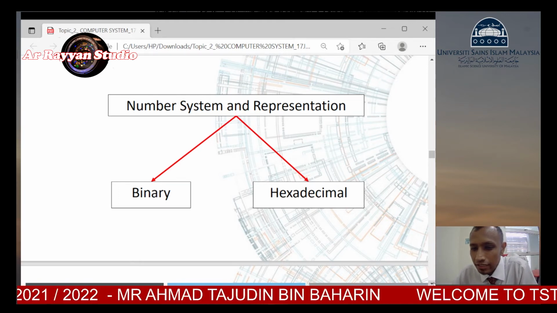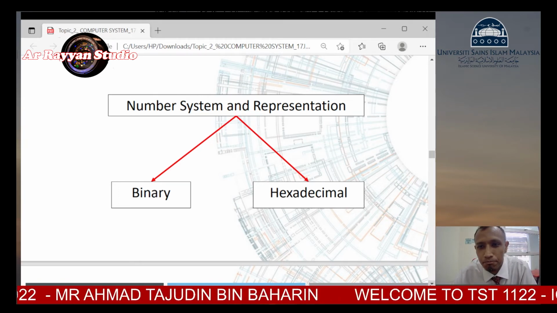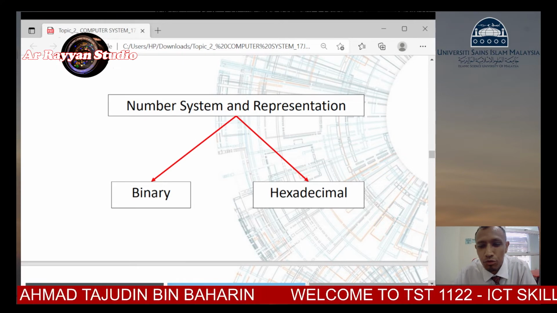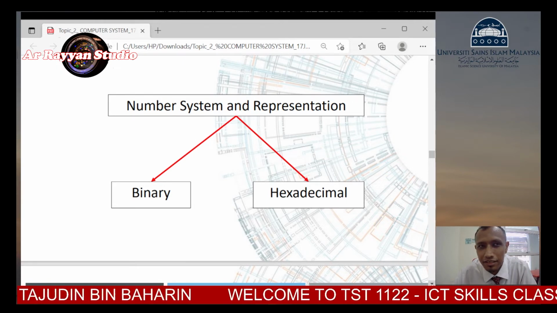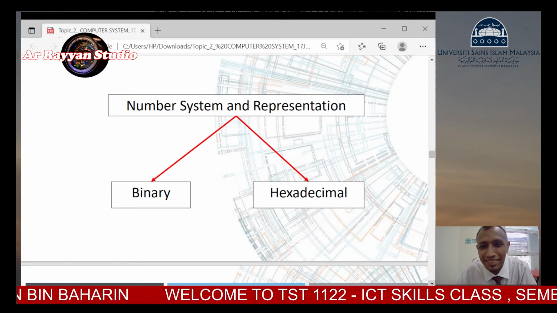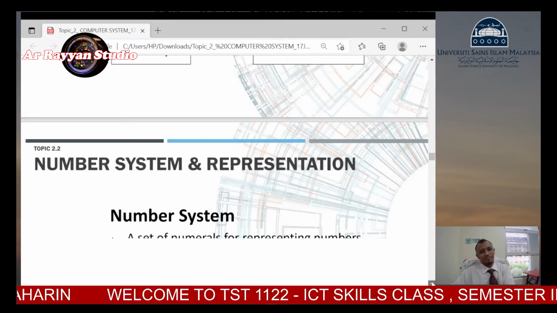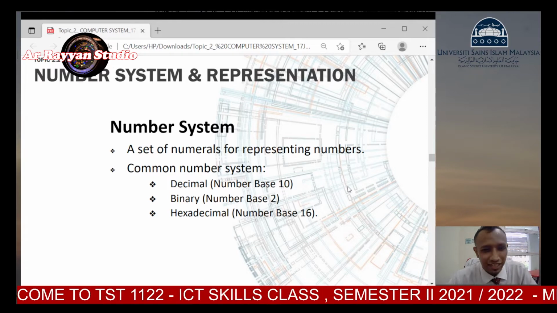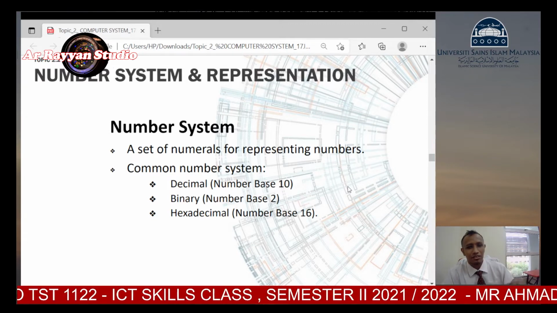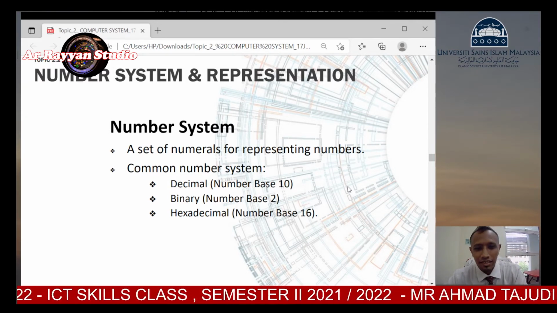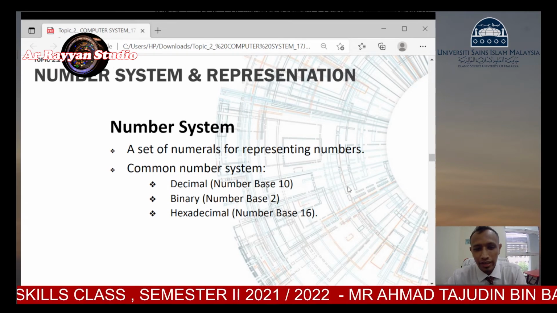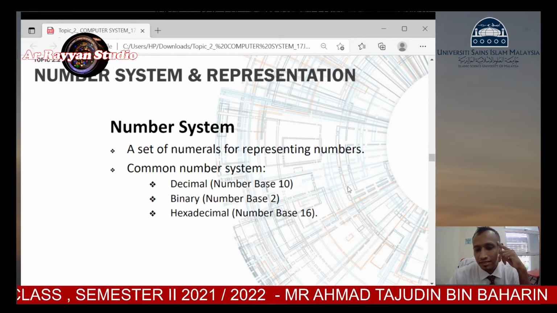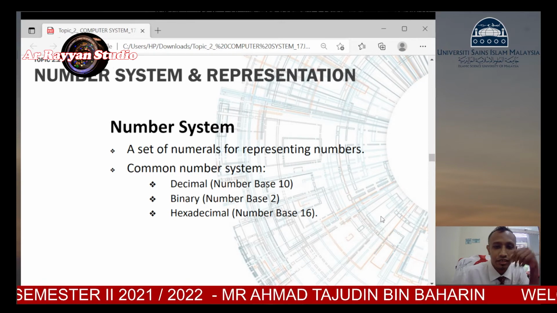Makna dia 6 10. 6 10 berapa? 16. Okay. Alright, so number system, alright. So decimal is base 10, binary is base 2, hexadecimal is base 16. Yang saya cakap tadi tu. Okay. Base dia.